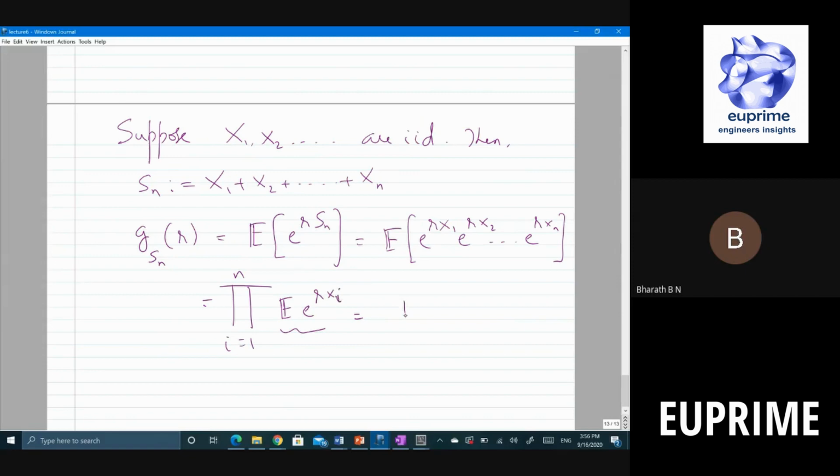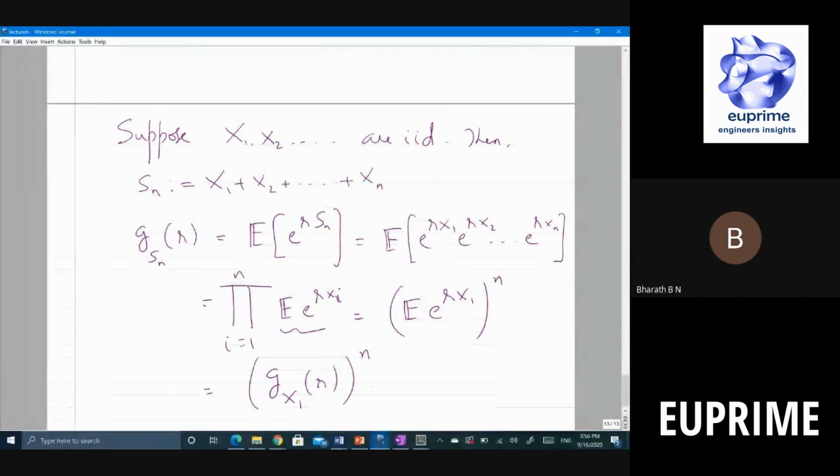So this will be expected value of e power r x1, whole power n. What is that? This is nothing but G_x1 of r whole power n. So that means you just take the moment generating function and take the nth power, you get the moment generating function of sum of random variables. That is something that is very, very useful in practice, right?